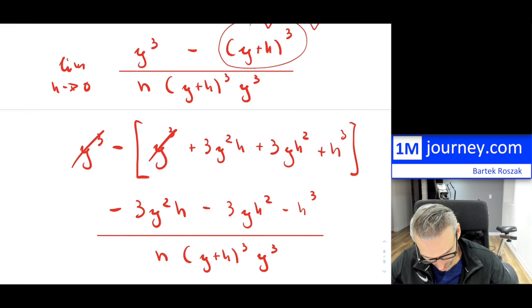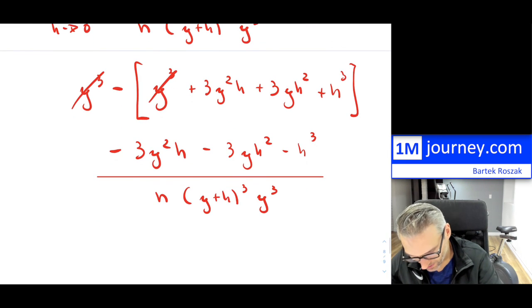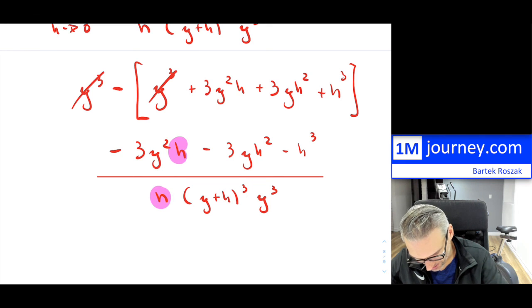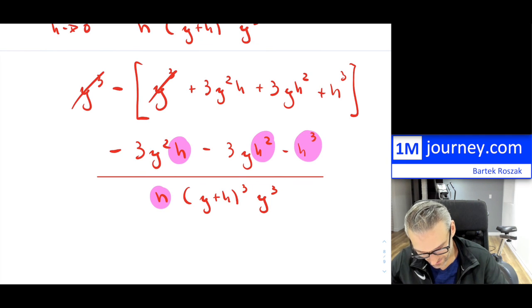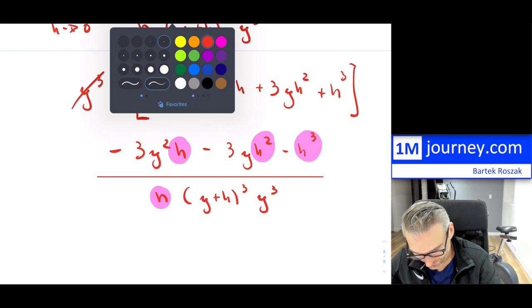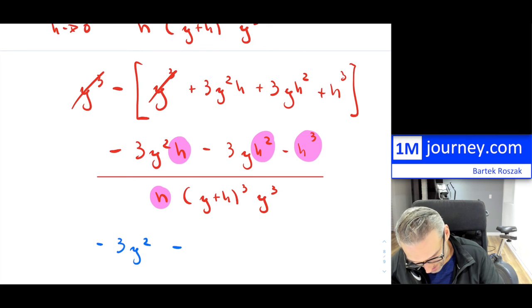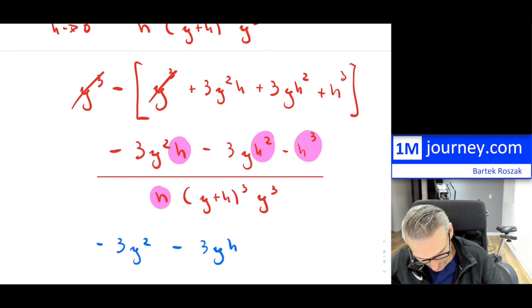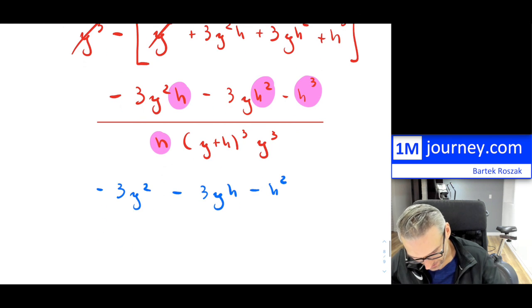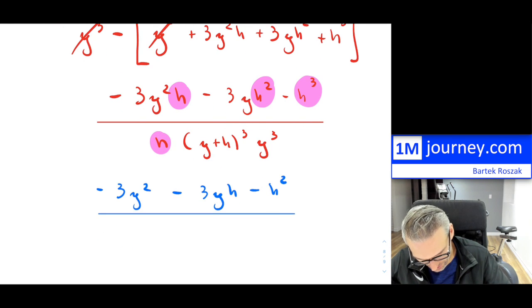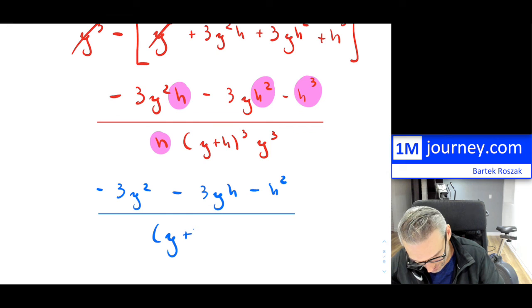Now this h is going to cancel one of these, it's going to cancel one of these. So what we have in here is negative 3y squared minus 3yh minus h squared divided by our junk over here, y plus h cubed, y cubed.